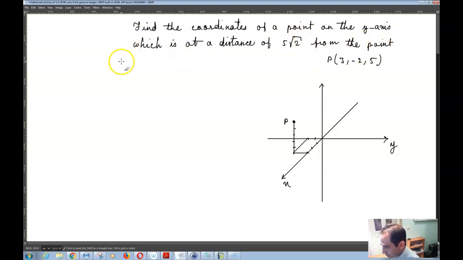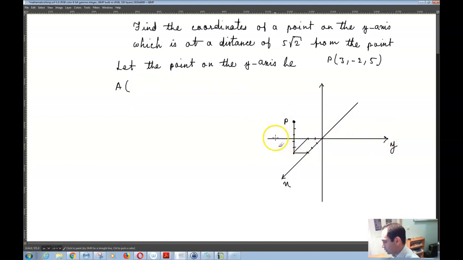Now let's suppose that the point on the y-axis be, for example, A with coordinates. If your point is on the y-axis, that means that your z-coordinate is 0 and your x-coordinate is 0.